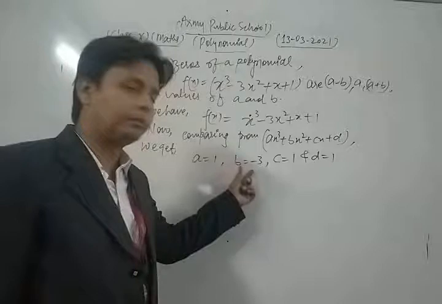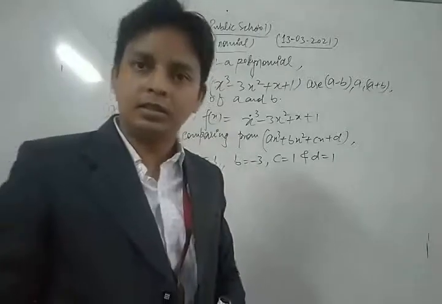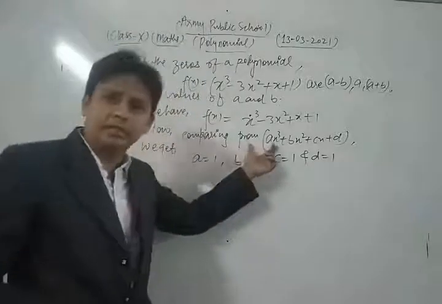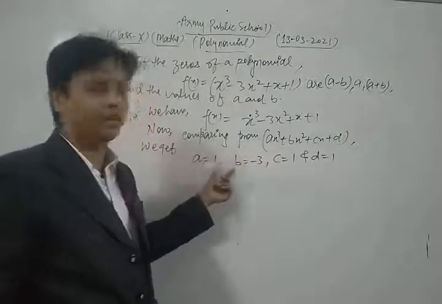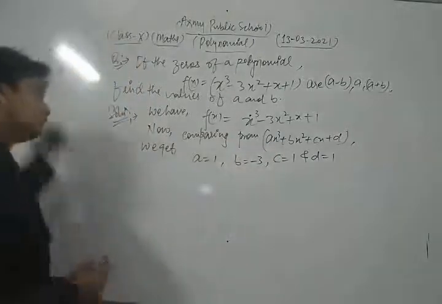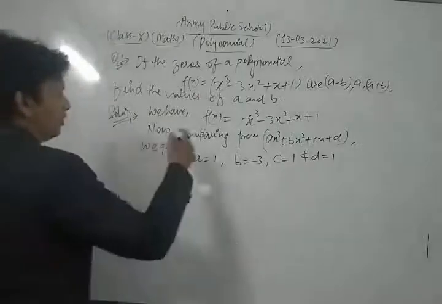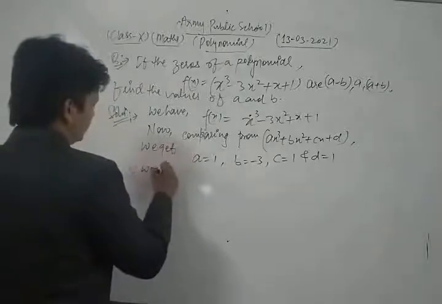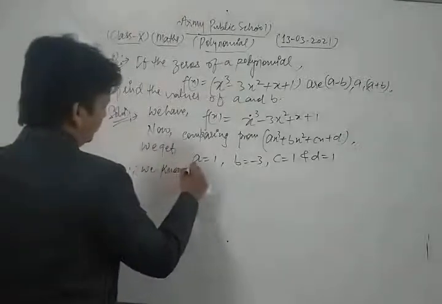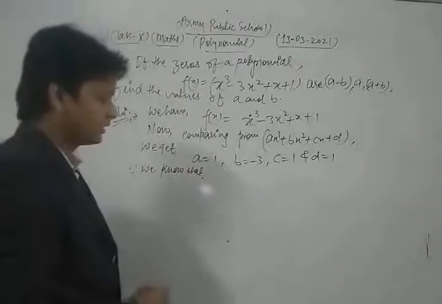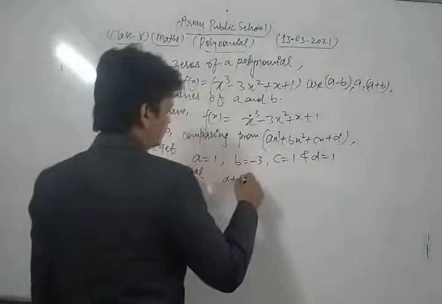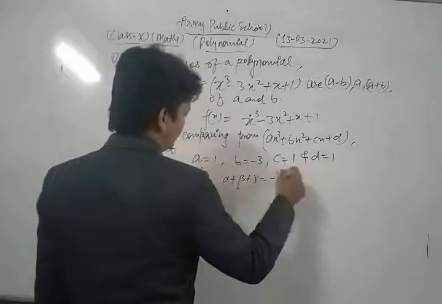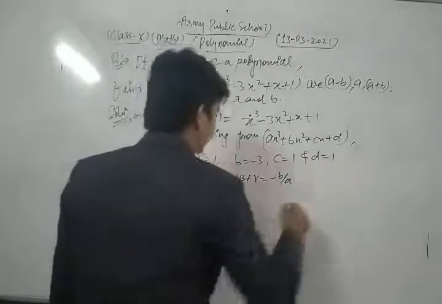Thus, on comparing with the original form of the equation, we get the values of a, b, c and d. Now first of all, we find the sum of zeros, and we know that the sum of zeros, alpha plus beta plus gamma, is equal to minus b by a.